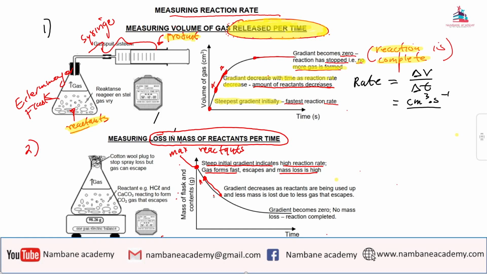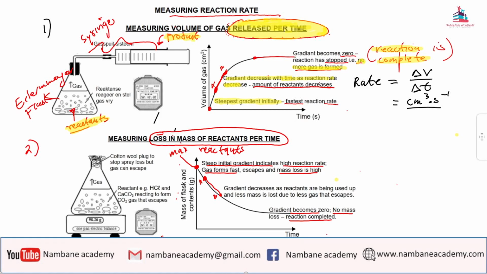Then I will have my A and B that will represent the fastest rate of reaction. Eventually it will decrease, and then I'm going to have that horizontal line. It says the gradient becomes 0, no mass is lost, the reaction is completed. So understand the shape of the graph.